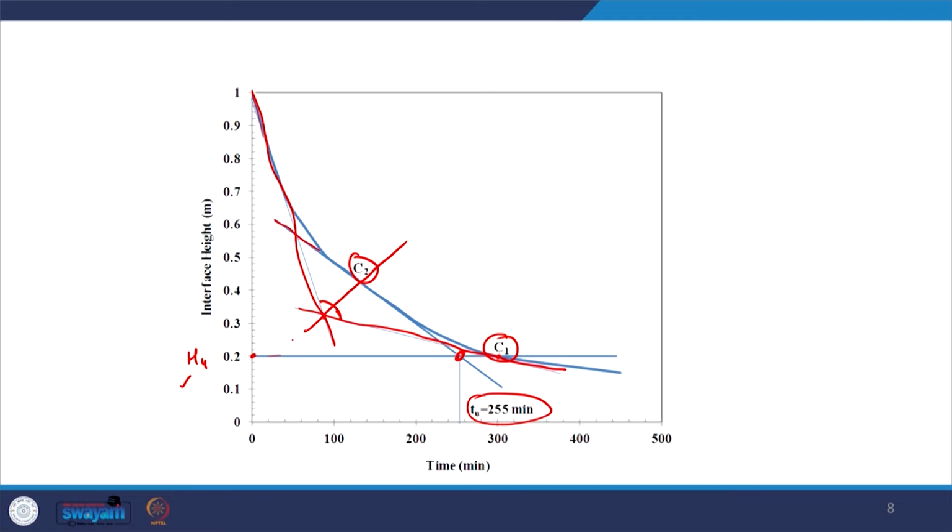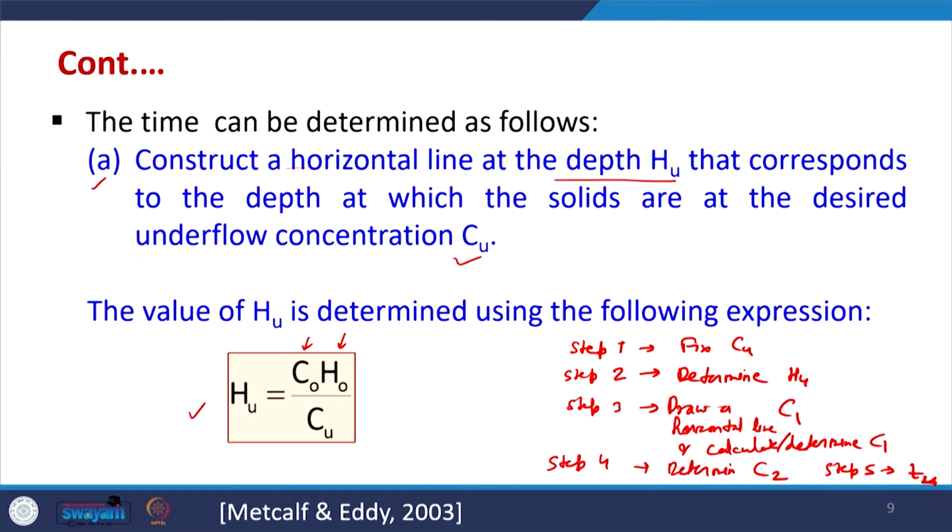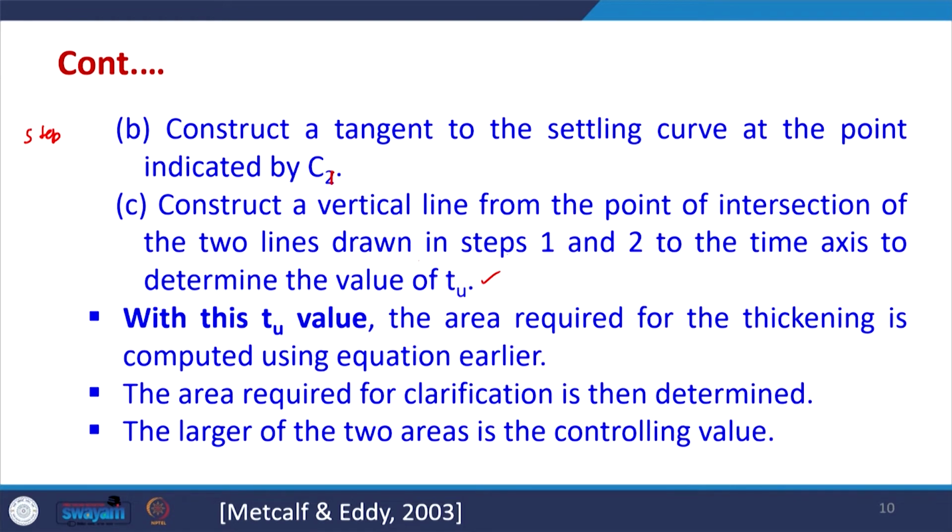Now, we have to bisect this particular angle, and this will meet the settling curve at point C2. Here again the third tangent is drawn which meets the initial horizontal line at this point, and this is called Tu. So, through this we can determine this T value, and this is the procedure which is adopted to find it.